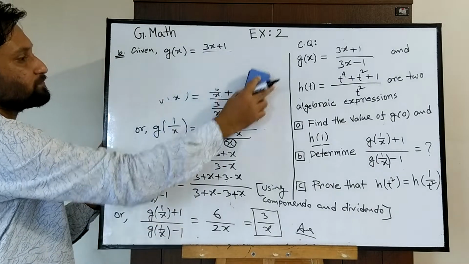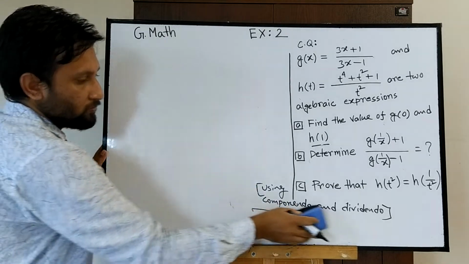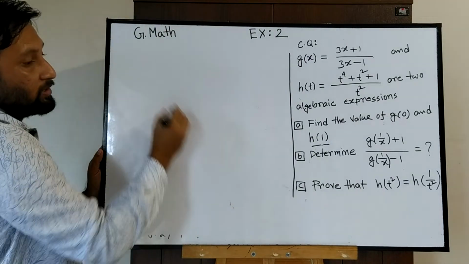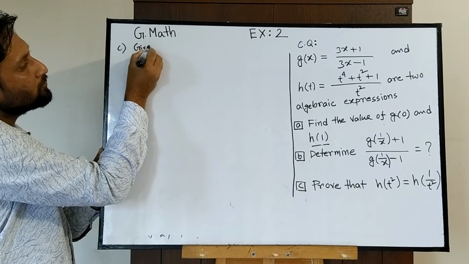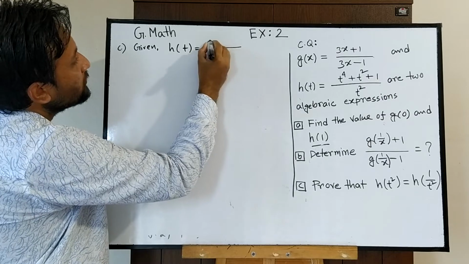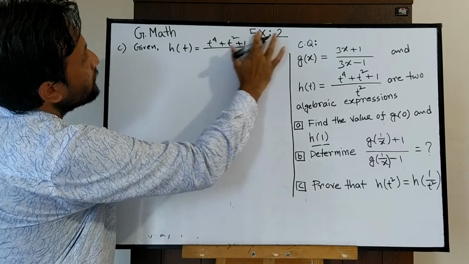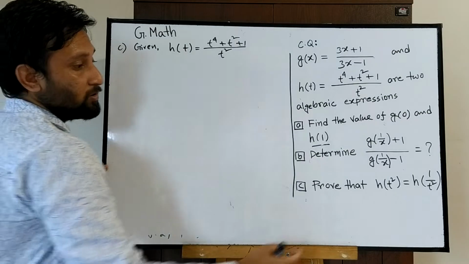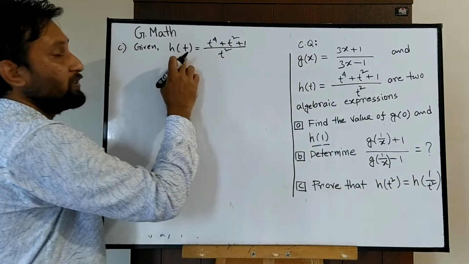Now see, given h of t equals t to the power 4 plus t square plus 1 divided by t square. We have to find out the value of h of t square and h of 1 by t square, but here we only have h of t.